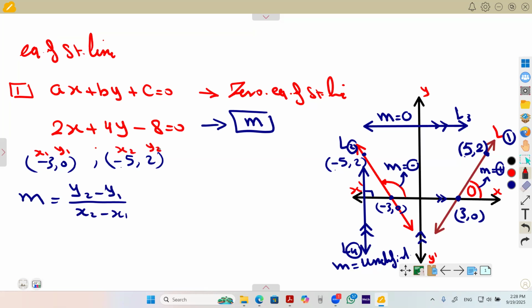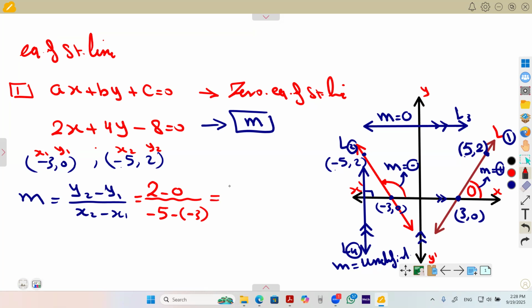So you do 2 minus 0, good, over -5 minus -3. Don't forget that the 3 is negative.